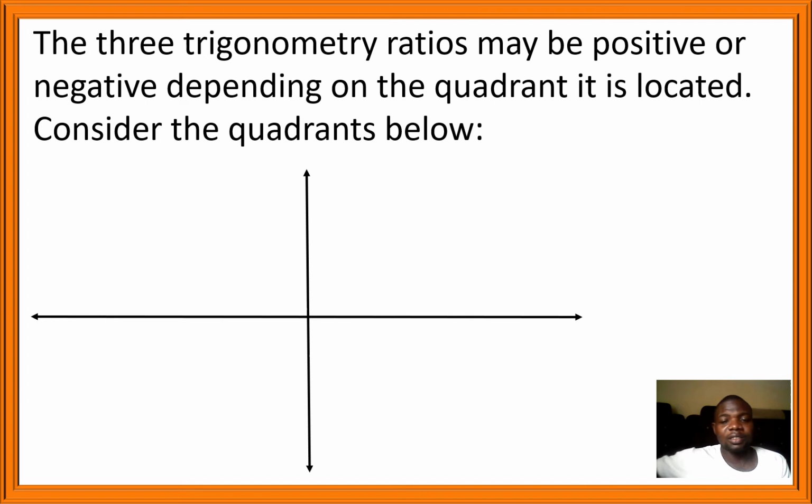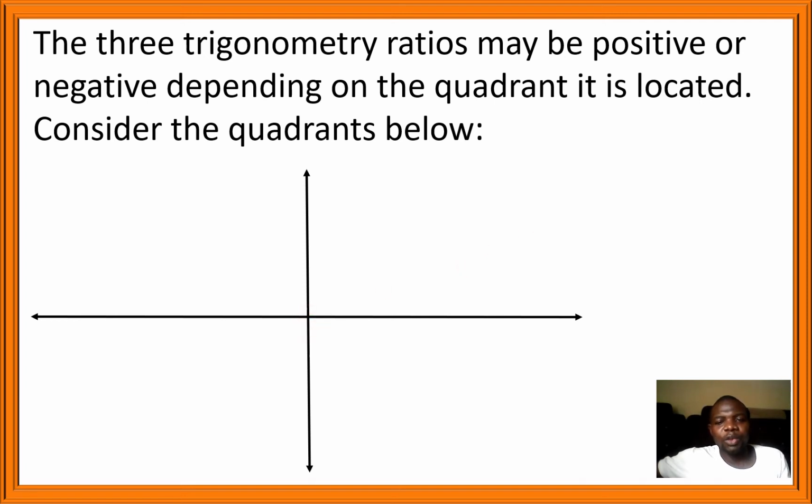With the Cartesian plane, we know that this is our x-axis, positive, x-axis, negative, y-axis, positive, y-axis, negative, and this is our origin, which bears a numerical value of 0.